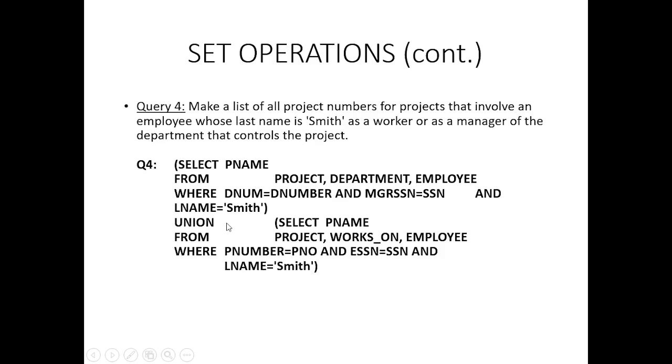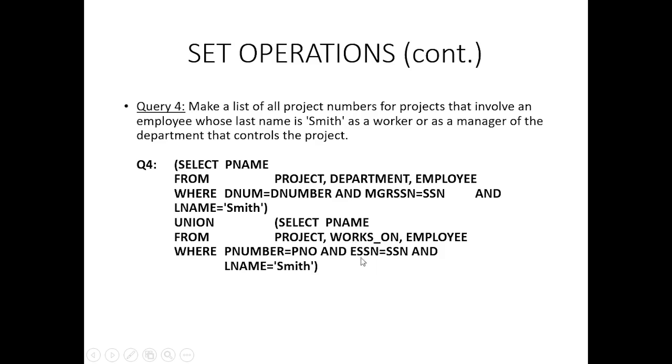Here Smith is a manager, and union, and this set should combine with another set where this person is a worker. So union again, select P name from project, works on, and employee, where P number equal to PNO and ESSN equal to SSN.